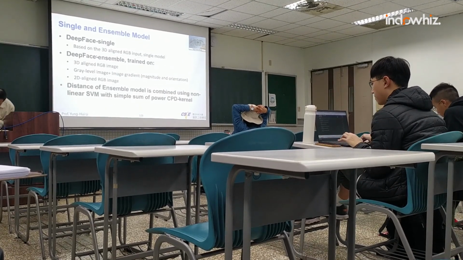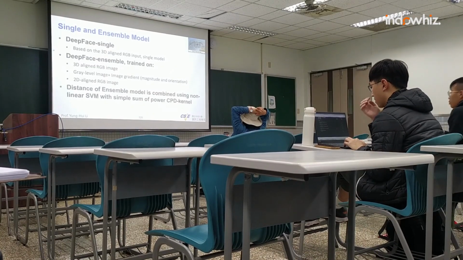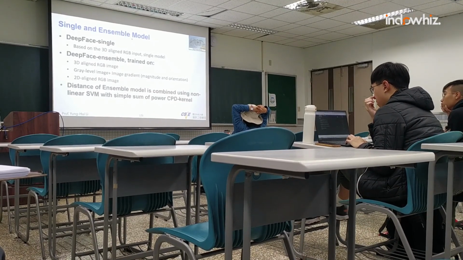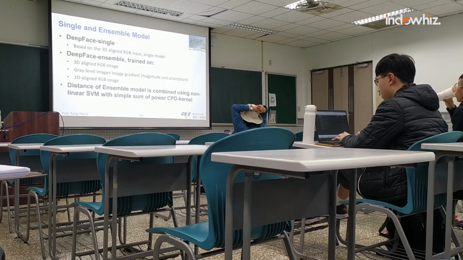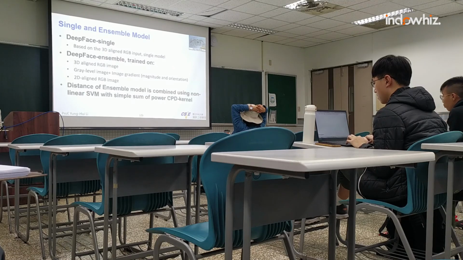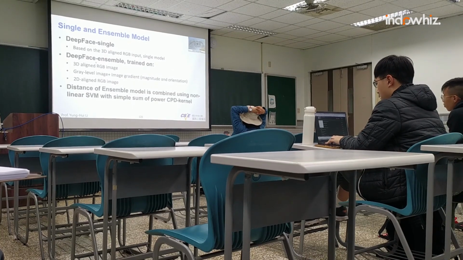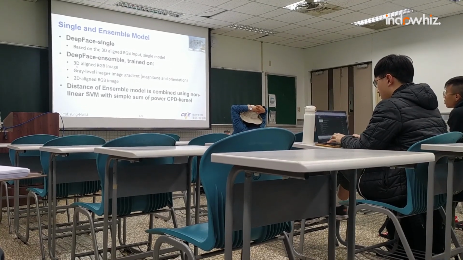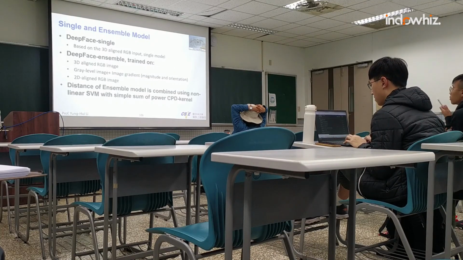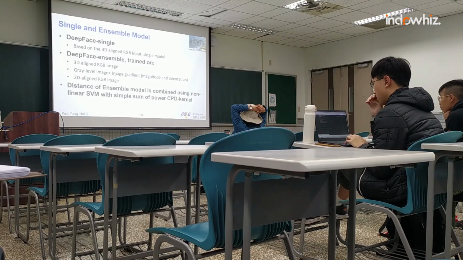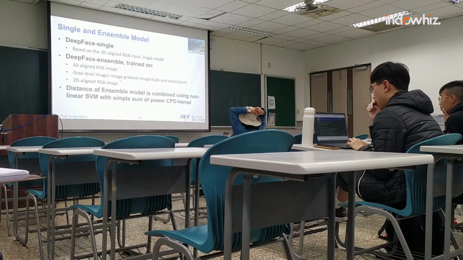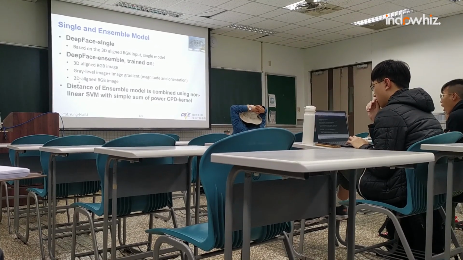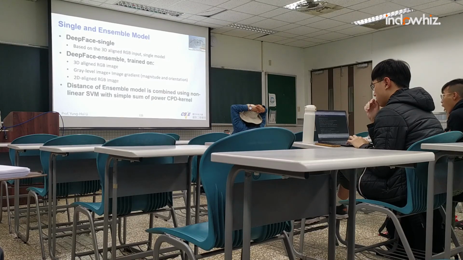Okay, and they also do single model and ensemble model, like I talked about in the previous slide. The single model is based on 3D aligned RGB input. For the DeepFace ensemble, they train on 3D aligned RGB images, gray-level images, and also image gradient, so computing the gradient of the image, and 2D aligned RGB images.